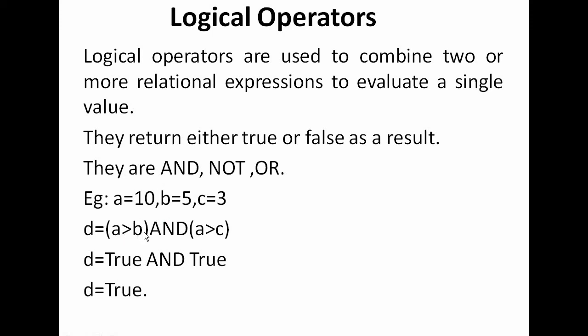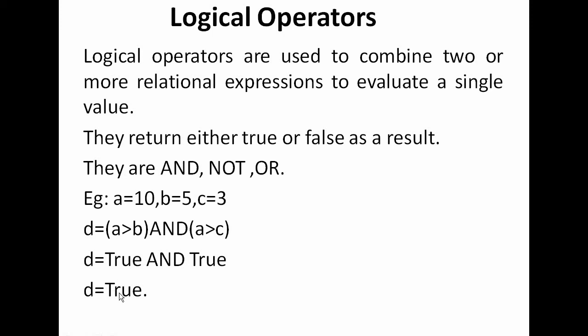And here is the logical operator being used. I'm comparing another relational expression. A greater than B is one relational expression. A greater than C is another relational expression. So combining two relational expressions and finally getting one single result as true.